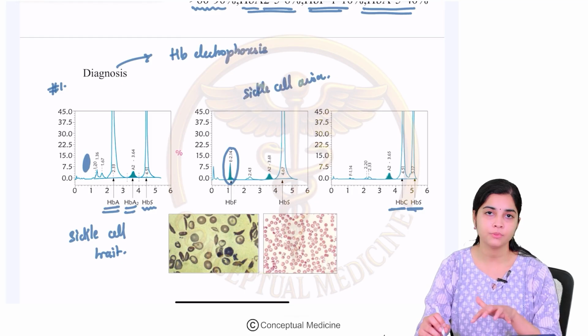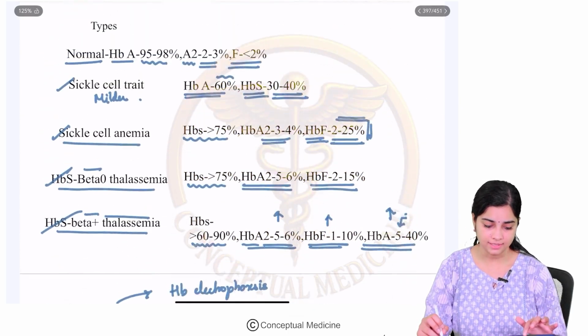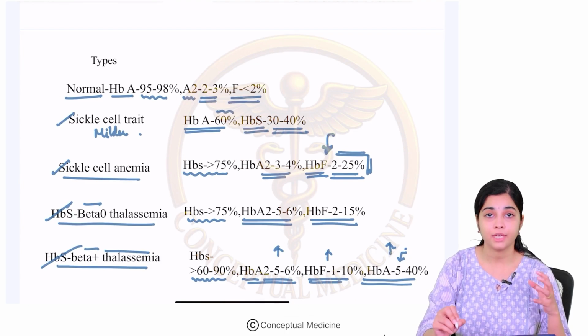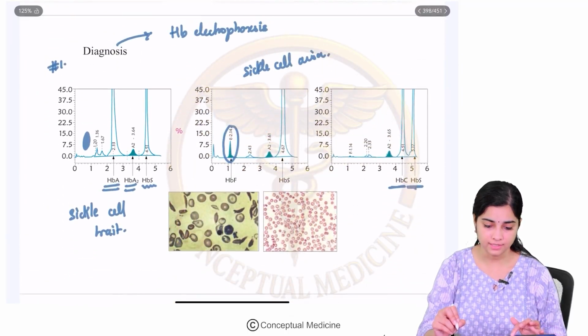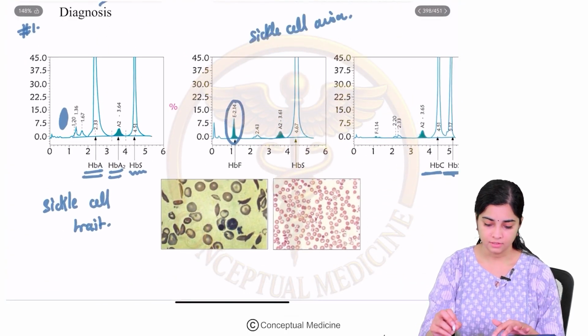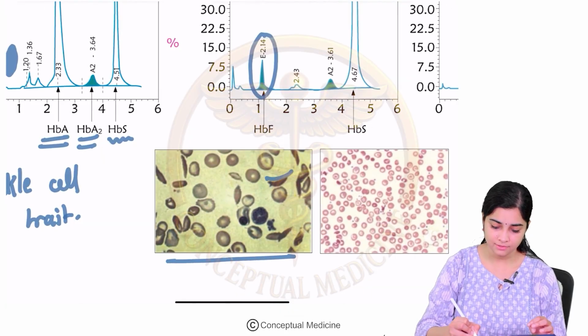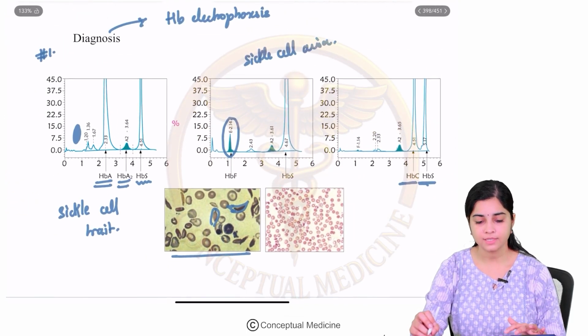Okay, so this is how you use the hemoglobin electrophoresis to identify and differentiate between sickle cell anemia and sickle cell trait, right? So, sickle cell anemia will show that there is evidence of HbF also increasing as a compensation as compared to sickle cell trait, right? Then, what can you see on the peripheral smear? This is the characteristic peripheral smear appearance of the sickling of the RBCs. Okay, fine. So, this is about sickle cell anemia.